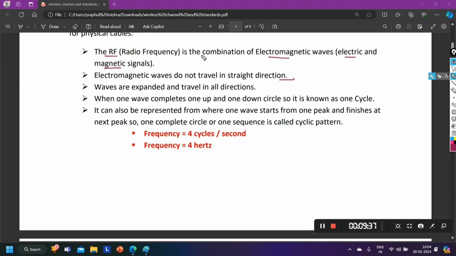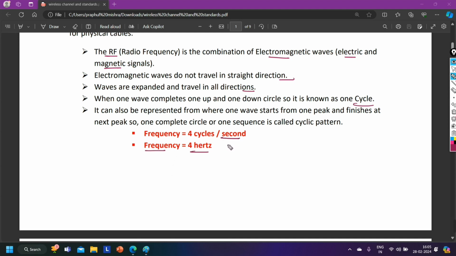Okay guys, so waves expand and travel in all directions, right? Electromagnetic waves do not travel in a straight direction. When one wave completes one up and one down, that is known as one cycle. You can see here, if I am saying the frequency is 4 gigahertz, it means the signal is completing 4 cycles per second.